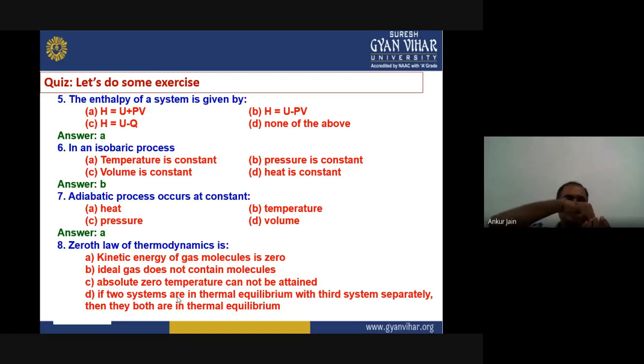When we put the thermometer in the first cup, the reading increased up to 100 degrees, and when we put this thermometer into the second cup, the temperature reading remains constant. That means the thermometer is in thermal equilibrium with both cups, and that implies the two cups are also in thermal equilibrium. So that is the 0th law. Option D is the right answer for this question.